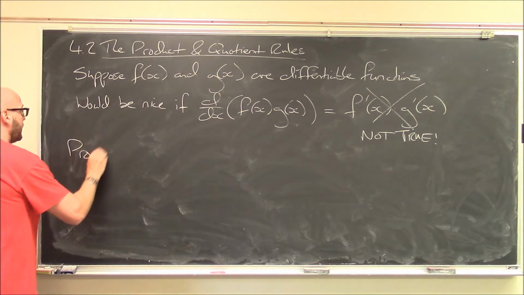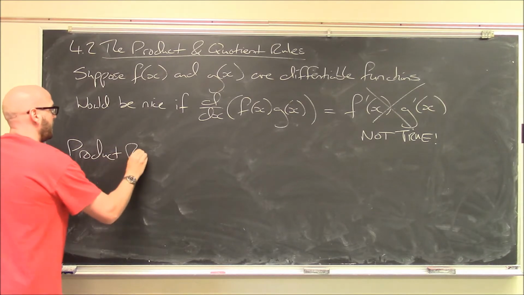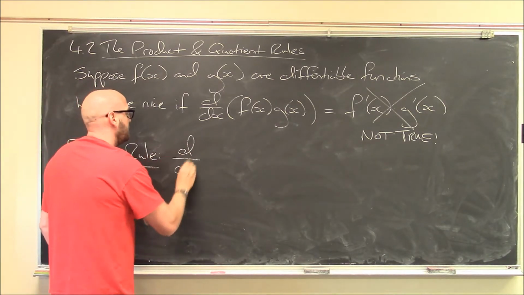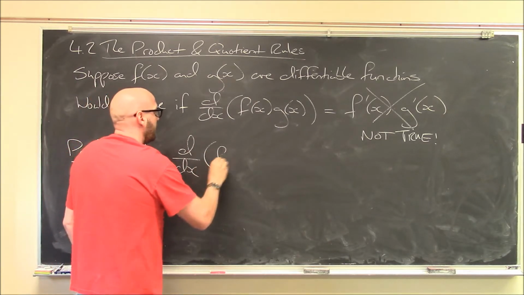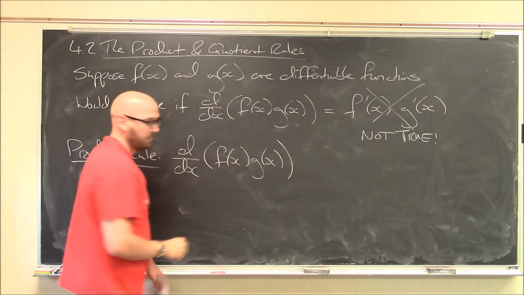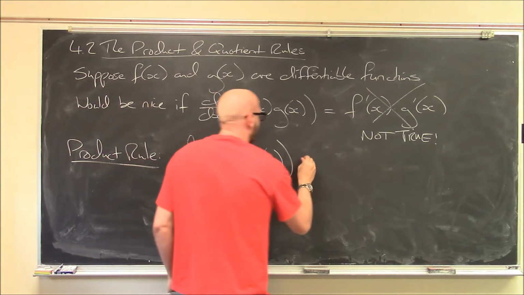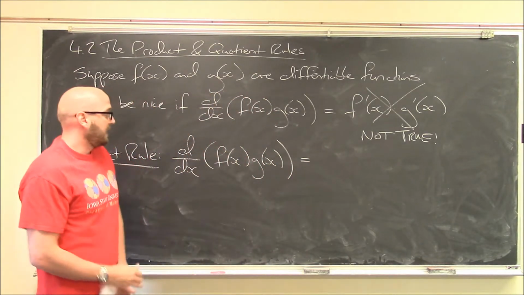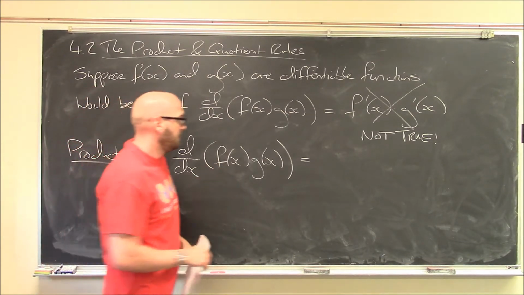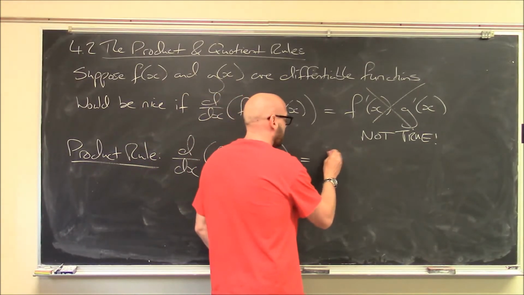So here's the famous product rule. It says if I want to differentiate a product of two functions, what is it actually? Well, you leave the first function alone. Choose one, it doesn't matter which order you write a product, right?